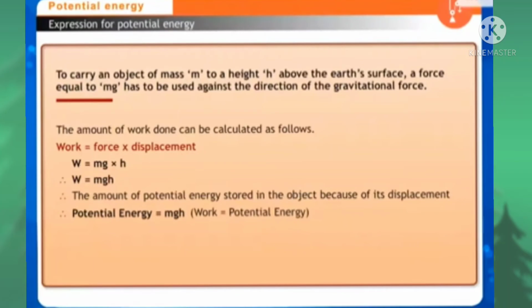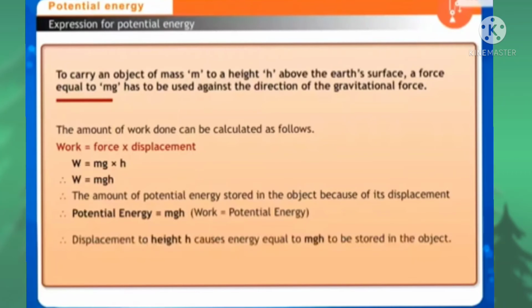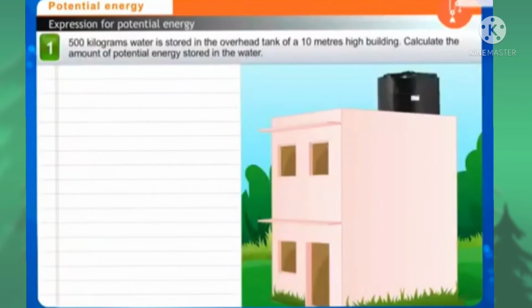That is, work is equal to potential energy. Displacement to height h causes energy equal to mgh to be used or stored in the object. Understood, children?